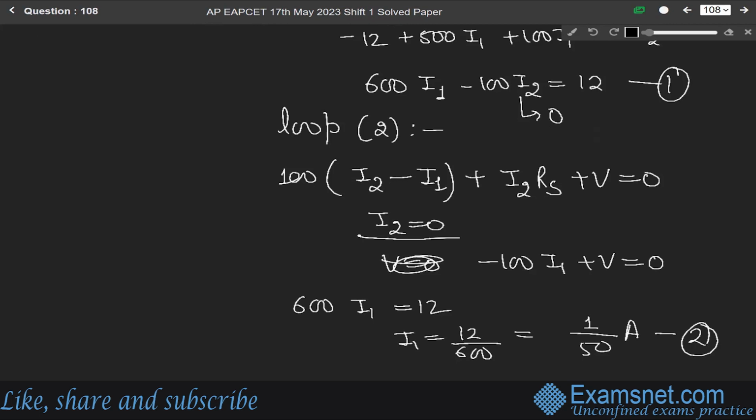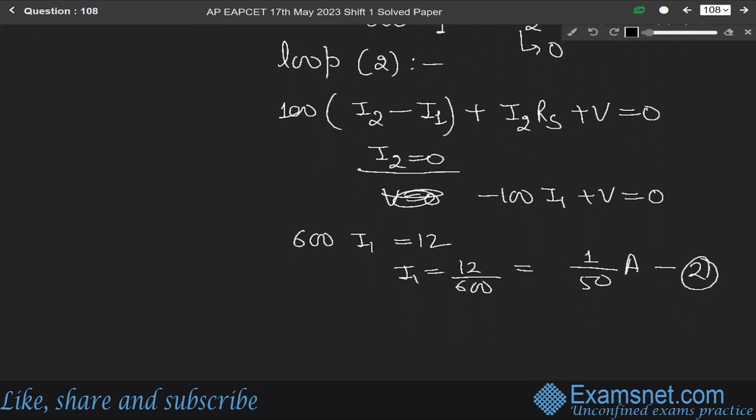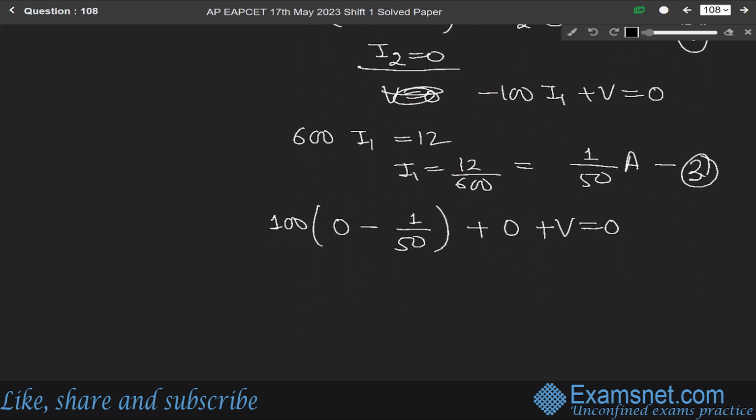Now putting the value of I1 in the equation for loop 2, we get V equals 100 I1, which means 100 into 1 over 50 equals 2 volt.